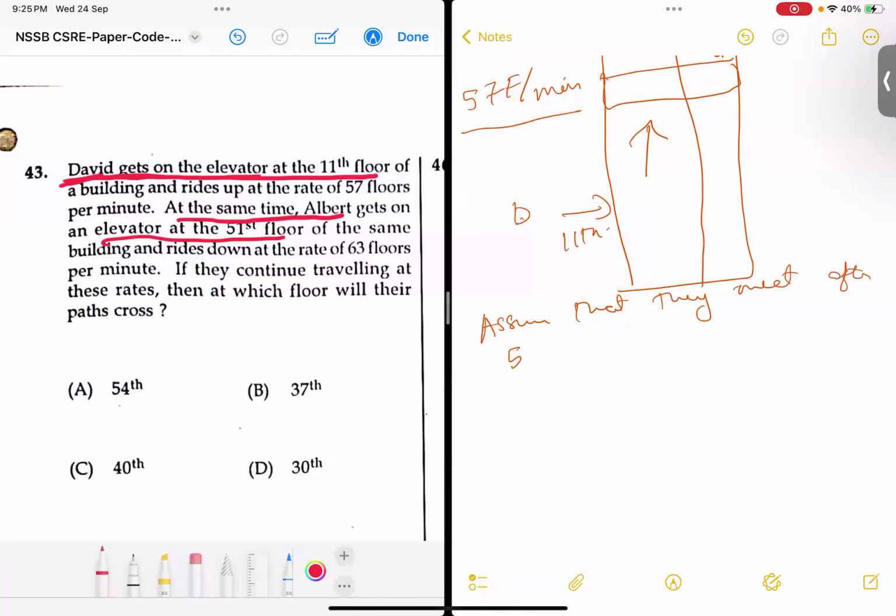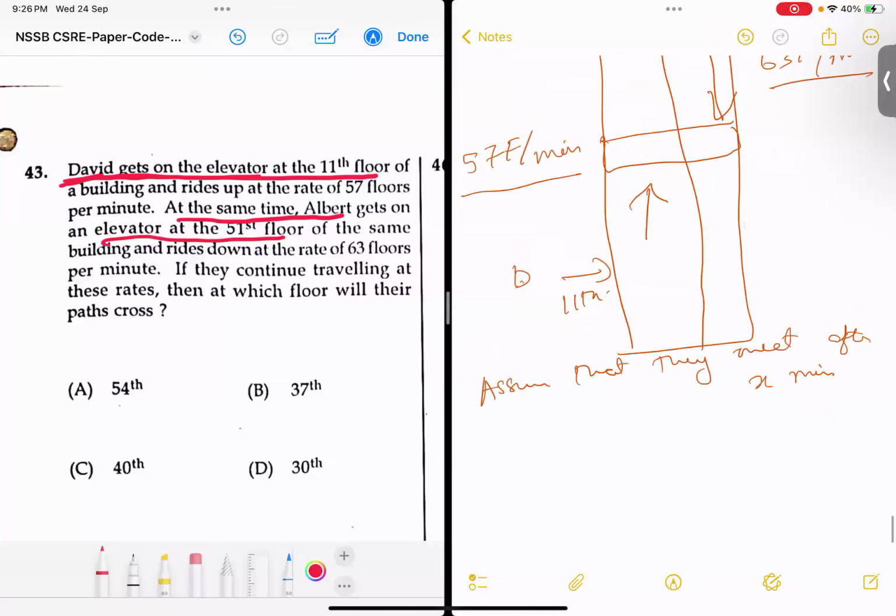Now, the only thing common here is time, right? At a particular time, they are going to meet. Since they enter at the same time, the time taken for David to reach Albert and the time taken by Albert to reach David will be the same, right? So we'll just assume that they are meeting after X minutes, okay?